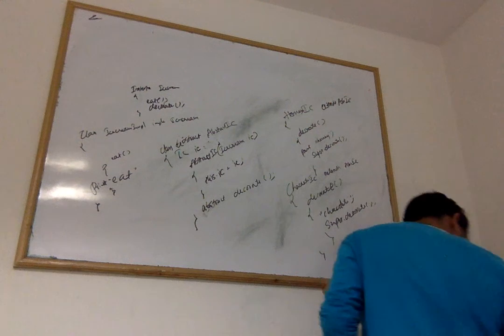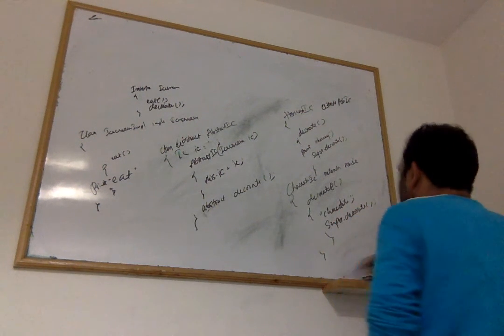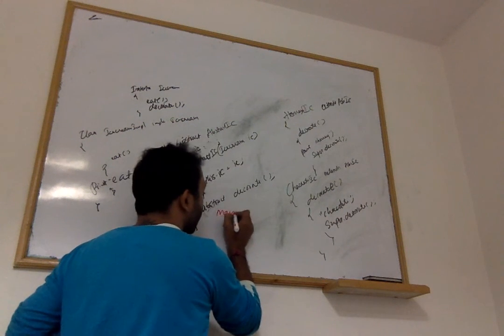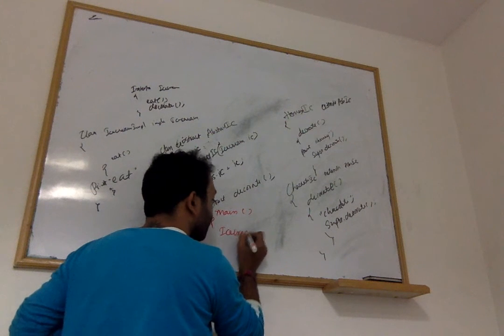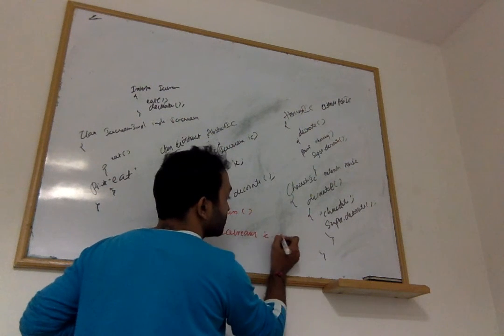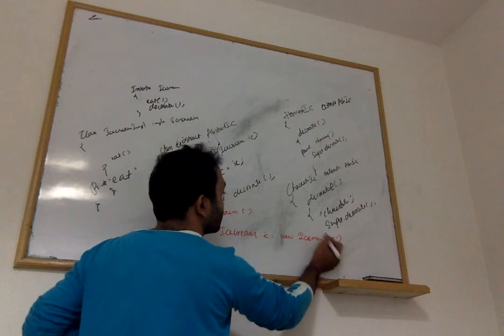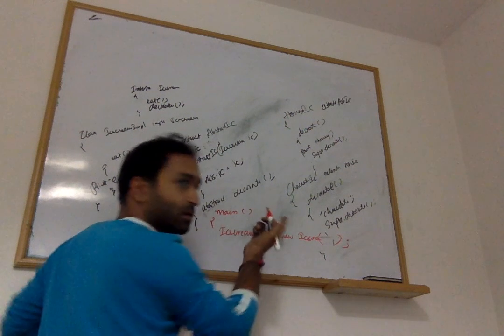So let's look into now how the application goes. In the application, you will first create an ice cream, which is equal to new ice cream. And then you want a honey flavor, let's say.